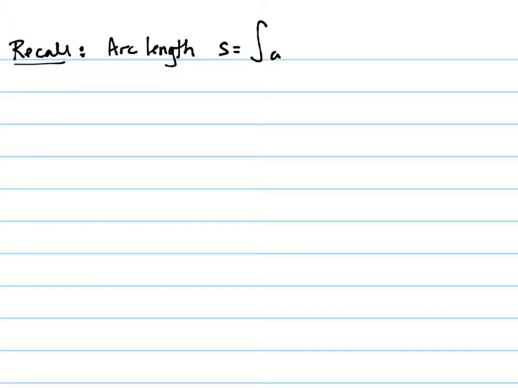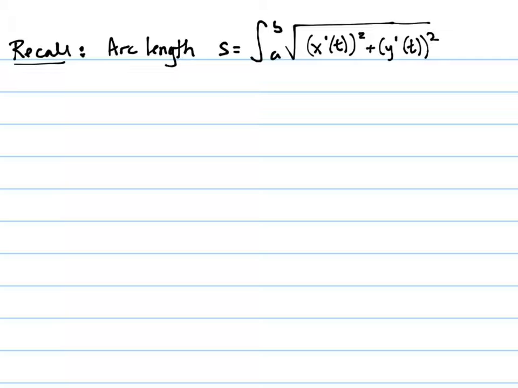We did it when we were looking at parametrics, and so just to recall, we had an arc length formula before in 2 dimensions, and it was the integral from a to b of the square root of x prime of t squared plus y prime of t squared. Okay, remember that one? We touched upon that along the way.